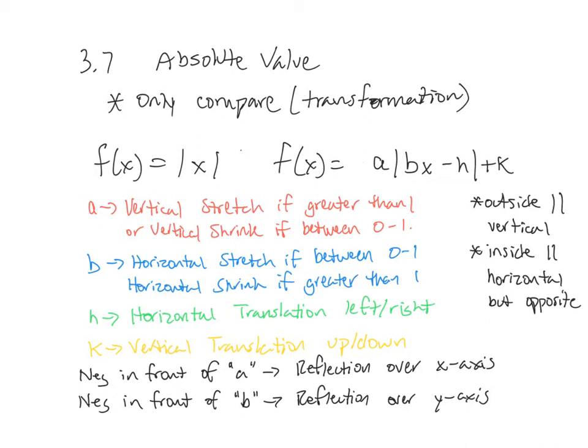I would write this screen out on a piece of paper and have it in front of you while you're doing the problem, so that you can say, what's different is the K. And then you look over here, okay, K means vertical translation up or down. And then you can go with that. Okay, what's different? Well, there's a B. The B says horizontal stretch if between 0 and 1, horizontal shrink if greater than 1. Okay, and then I suppose I might have enough room in here to do the reciprocal.